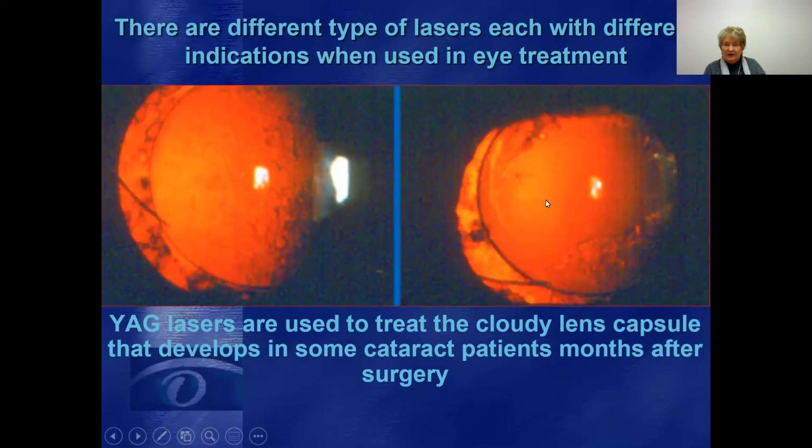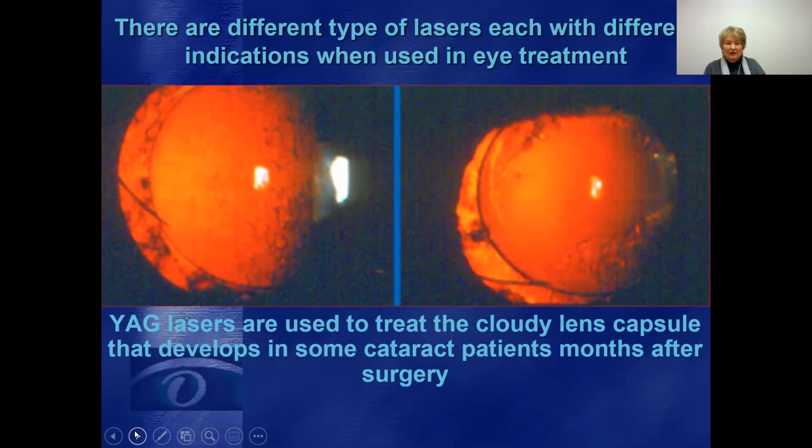Notice that the center is nice and clear again, and yet out on the edges it's still cloudy, because they don't want to take that whole capsule away. Remember, we want it to sit there to protect the lens implant. They just made sure that the center of the capsule gets clear so that you can get your nice clear vision back again. And that's called a YAG capsulotomy.